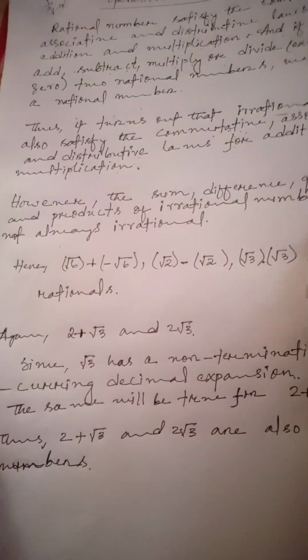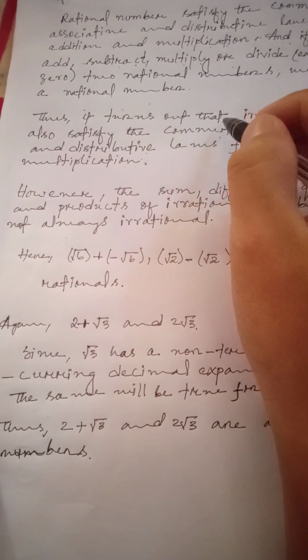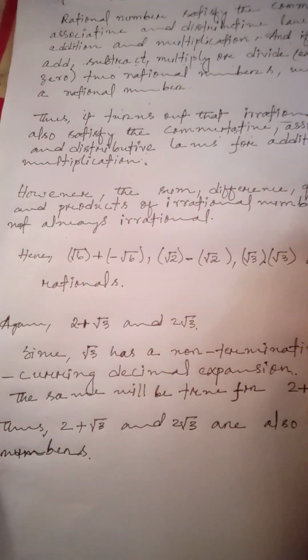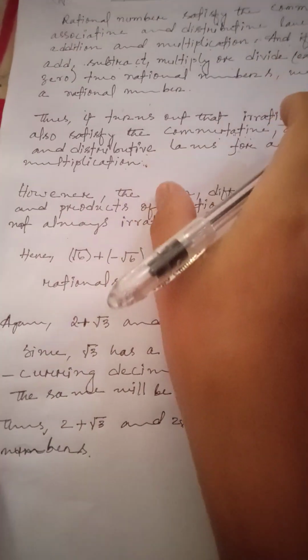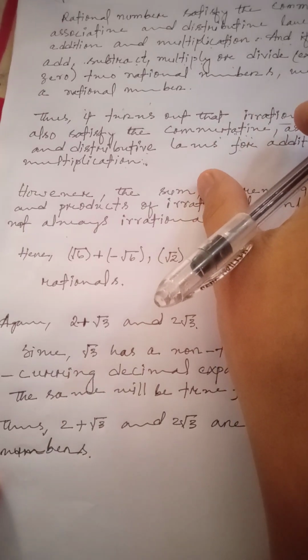Then let us move here. However, though irrational numbers satisfy commutative, associative and distributive laws for addition and multiplication, there are some cases in which the result of an operation on irrational numbers need not be an irrational number.